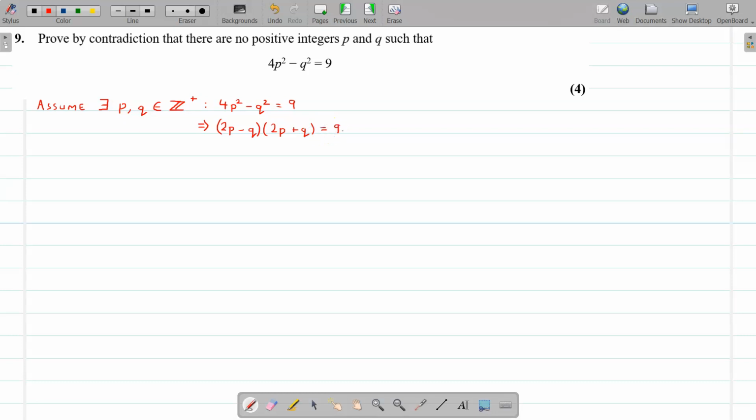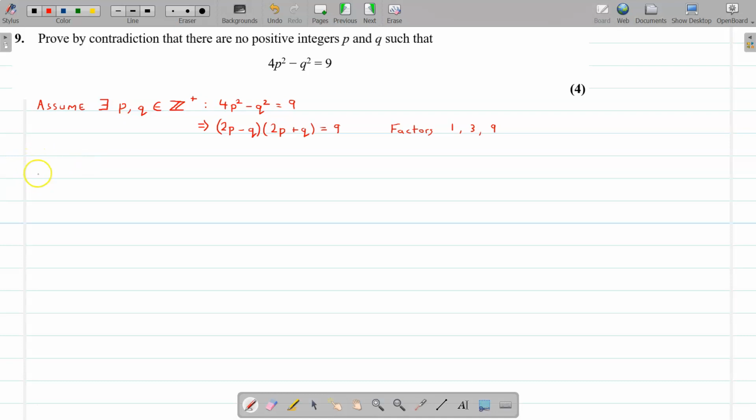Now, if you think of the factors of 9, I'm just going to make a note of this. The factors of 9 are 1, 3, and 9, okay?